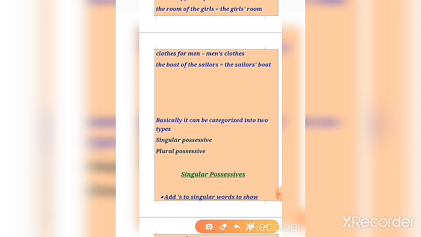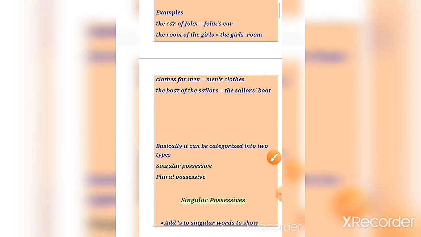I just want to tell you one thing more. See that men does not end in s, so that is why we have to use an apostrophe and then s. Clear? But see the word sailors.